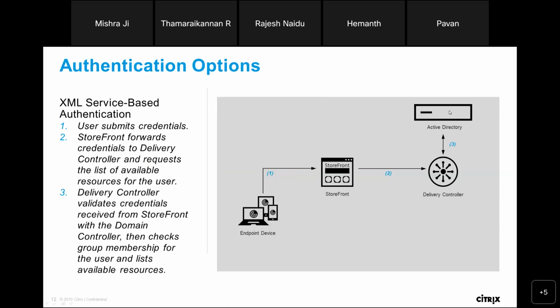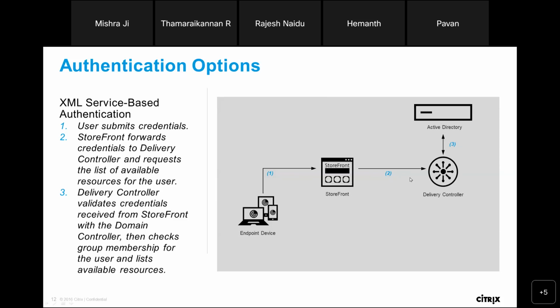Once the delivery controller receives the response from Active Directory that the username and password are valid, it takes the group membership for the user and makes available the list of applications or desktops for the user. So this is called indirect authentication. The storefront is not directly connected to AD; it connects through the delivery controller.